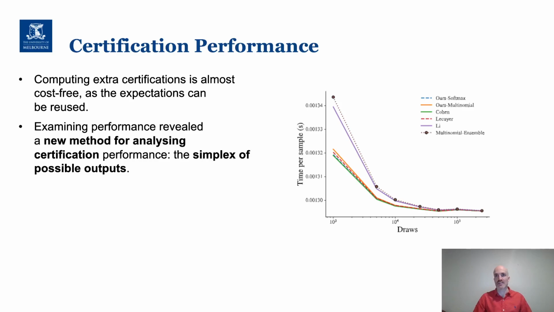So what this means is that the cost of going from a single certification to an ensemble and taking the maximum of this ensemble is infinitesimally small, relative to the cost of constructing the expectations, of passing the samples perturbed by noise through the model again and again and again.